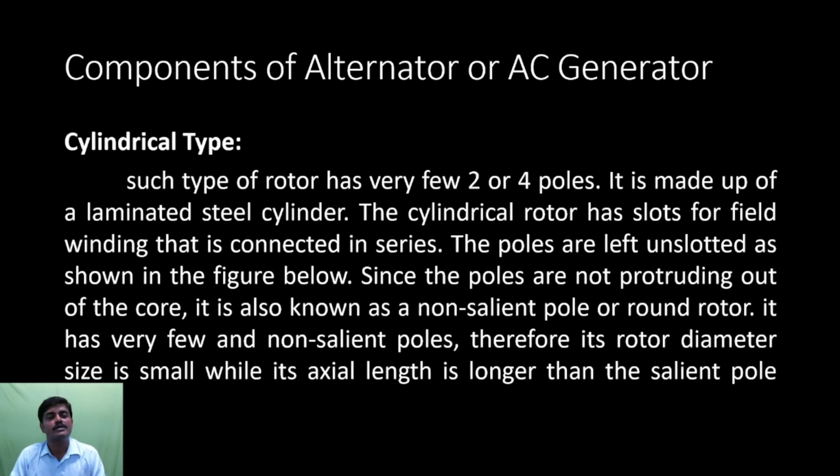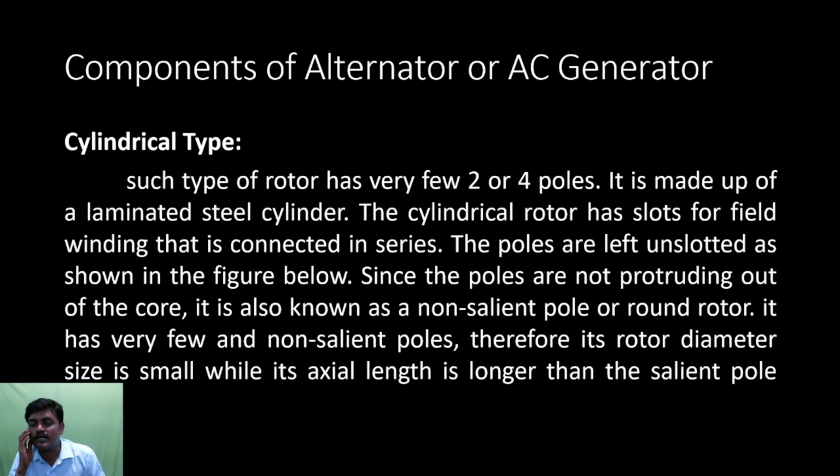Then the cylindrical type alternator rotor has very few poles, 2 or 4. It is made up of a laminated steel cylinder. All the rotors are made up of laminated sheets only. The cylindrical rotor has slots for the field winding, which is connected in series.